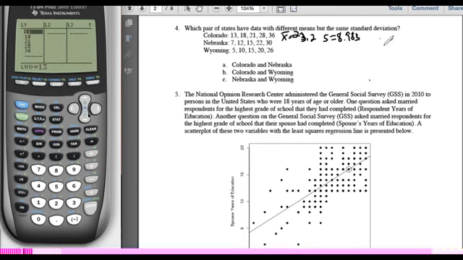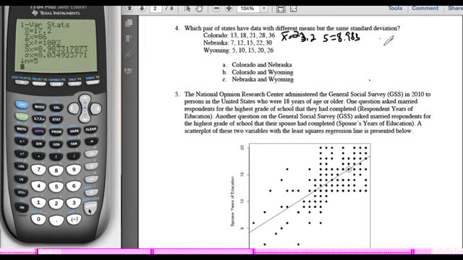Stat, Edit, Up, Clear, and Enter. That deletes the data but keeps L1. So it's 7, 12, 15, 22, 30. I go to Stat, Calc, 1-Var Stats once again. My mean, my x bar for Nebraska, is 17.2. My standard deviation is 8.983.